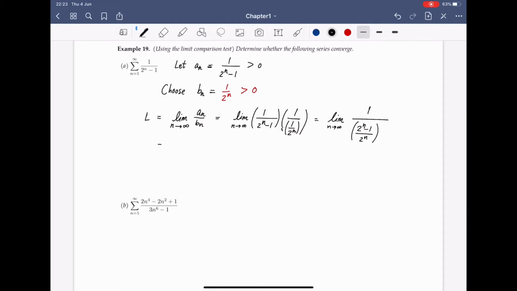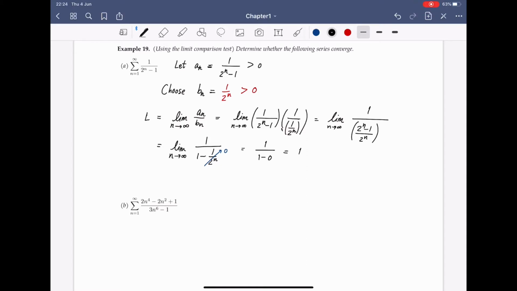After that, I have the limit where n goes to infinity of 1 over 1 minus 1 over 2 to the n. When n goes to infinity, this term goes to 0. So at the end, I have 1 over 1 minus 0, which is 1.